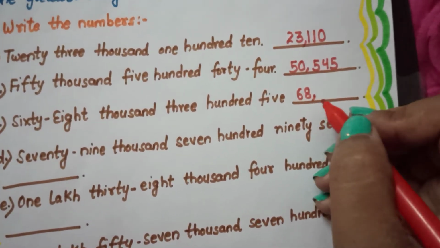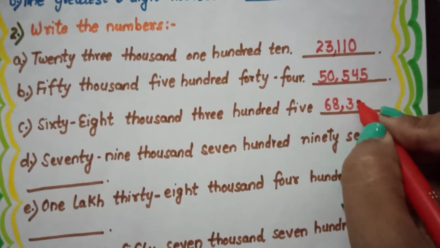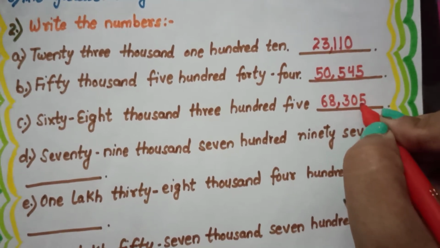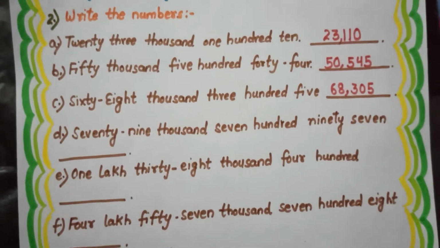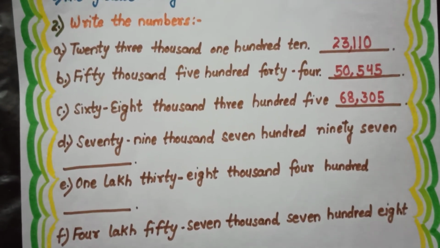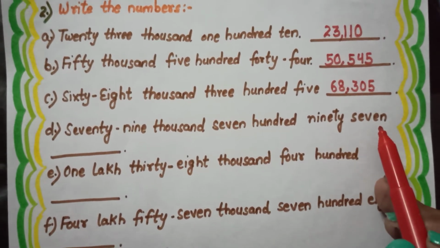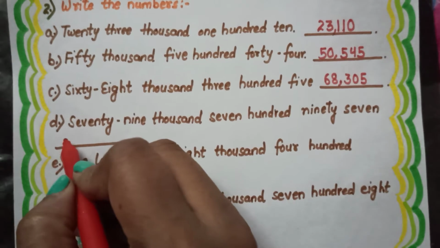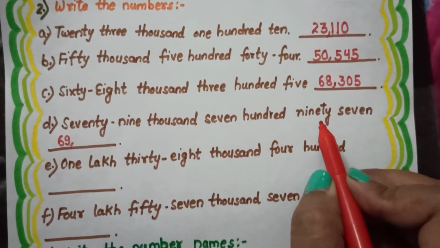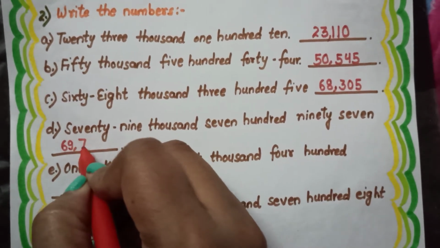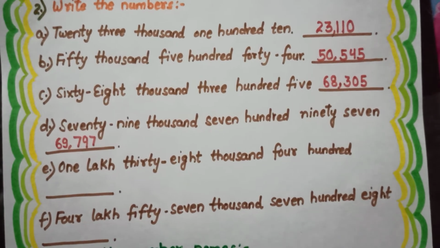We will put 1 comma and 305. For this it has to be like this, 305. Now 69,797. Just write it down like this: 69,000, then 797. This is our number.